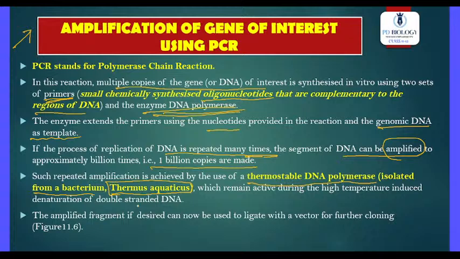The thermostable DNA polymerase isolated from Thermus aquaticus remains active during high temperature, introduced by denaturation of dsDNA. The amplified fragment, if desired, can now be ligated with the vector for further cloning.